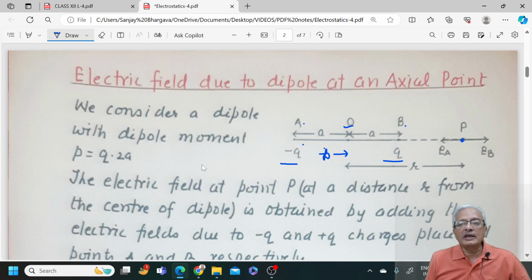Now what would be the electric field at the point P, which is at a distance r? The electric field would be equal to the sum of the electric fields produced by the negative charge and the positive charge at the point P. That is what we have written here.